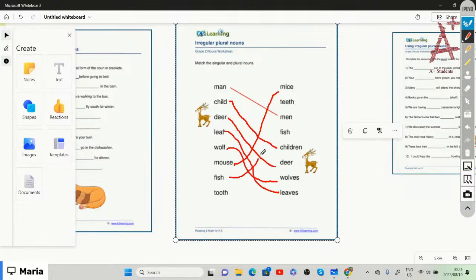Fish and fish, and then we have tooth and teeth, right? So these are our singular forms on the one side and our irregular plural forms on the right hand side.